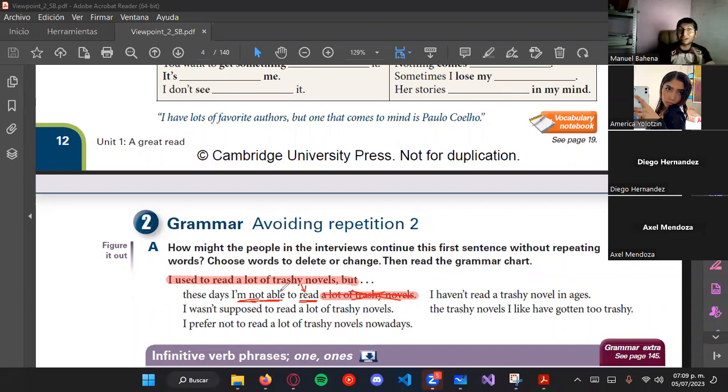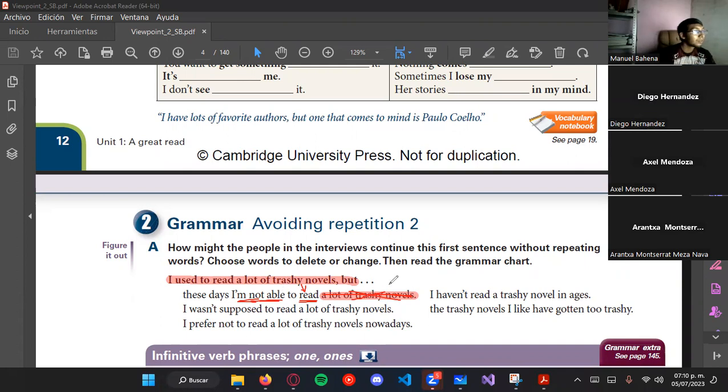That's the difference in the context. But yes, excellent. So again, another one. To give you a clue, I'm going to give you a clue. Yes, Aranza? You could substitute with them, like I'm not able to read them. That would work. Yes, that would work.